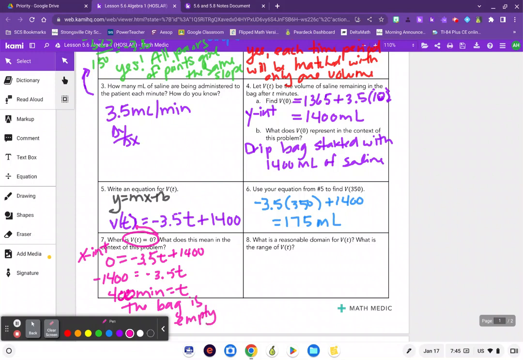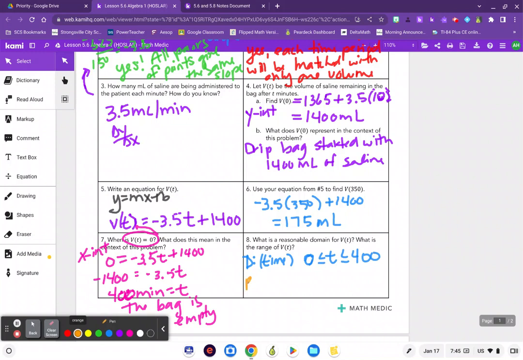And then finally it says, what is a reasonable domain and range for V of t? Domain, remember, deals with the time or the input. It's reasonable to start at time 0, and I'm going to use t instead of x. I'm going to stop at 400 because we just found out that at 400 minutes, the bag is empty.